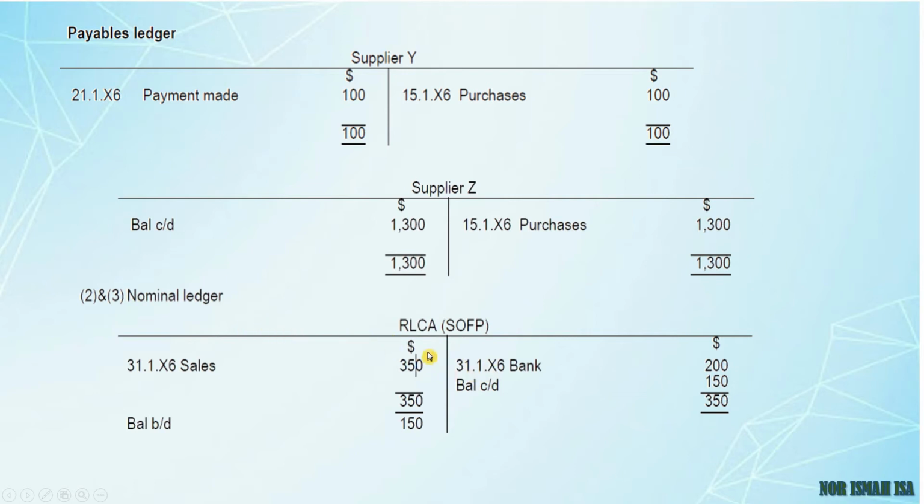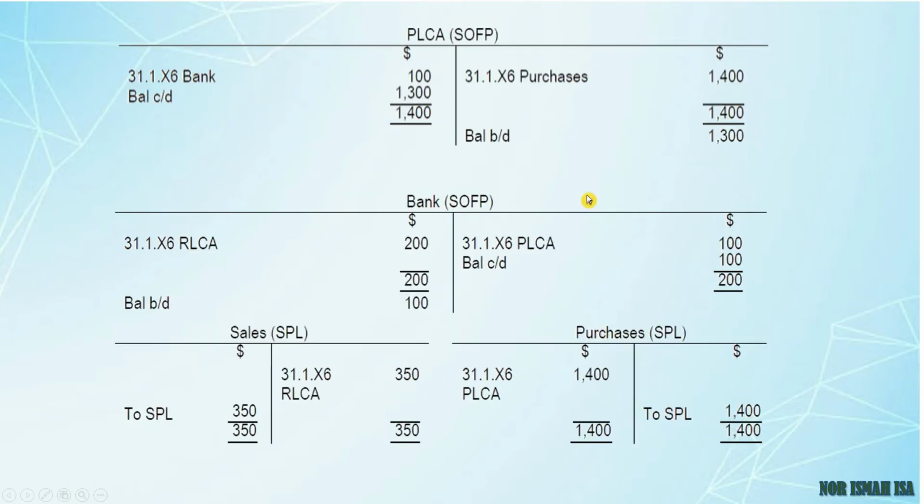As for the receivable ledger control, this is the amount that has been posted. Since one customer has already paid, the balance carried down is 150. As for the payable ledger control account, we have the balance of 1,300, which is one supplier being paid using the amount received from the receivable.